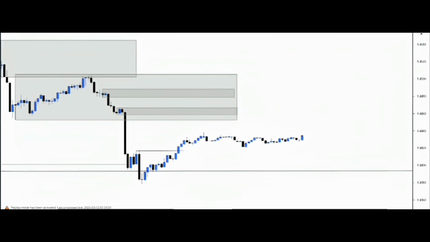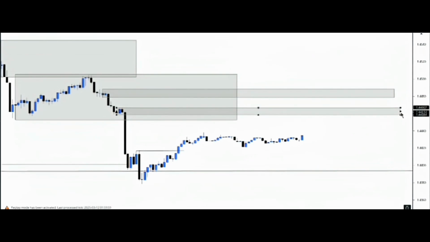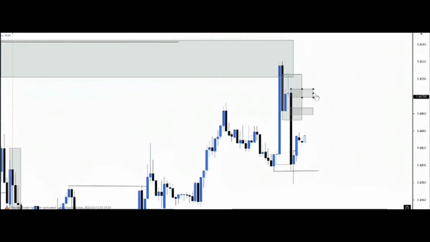Now let's get to the 1H so that it can be faster. Meanwhile, let's move this. Okay, remember it is this extreme that I want to go with. So, this is it. And this, I'm not going for this, but I just want to show you what is going on in the market.